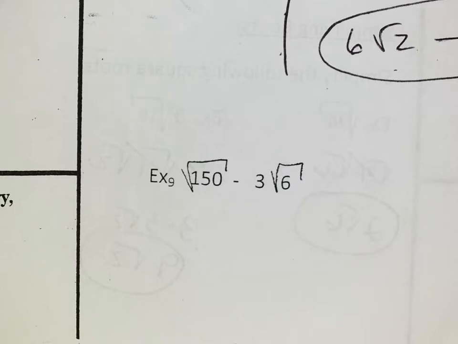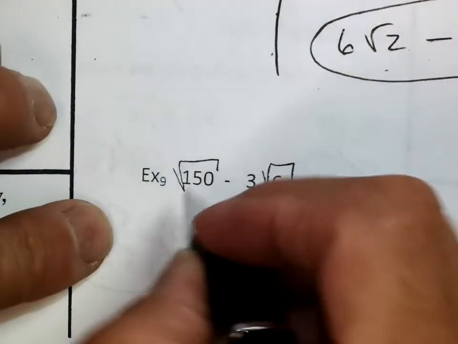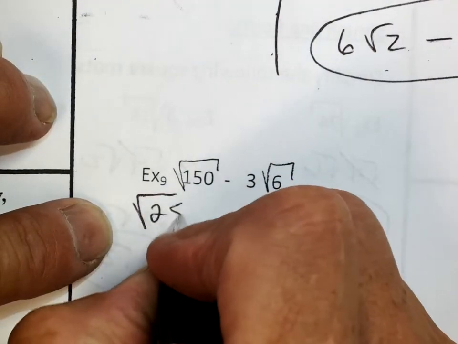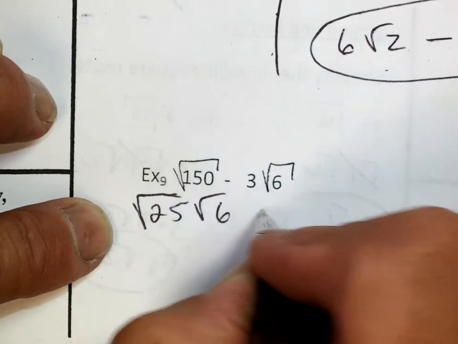So what about 150? Can we reduce that? How's that for a big hint? Hint, hint, hint. What do you think? 150, what are we going to reduce 150 to? How about the square root of 25 and the square root of 6.